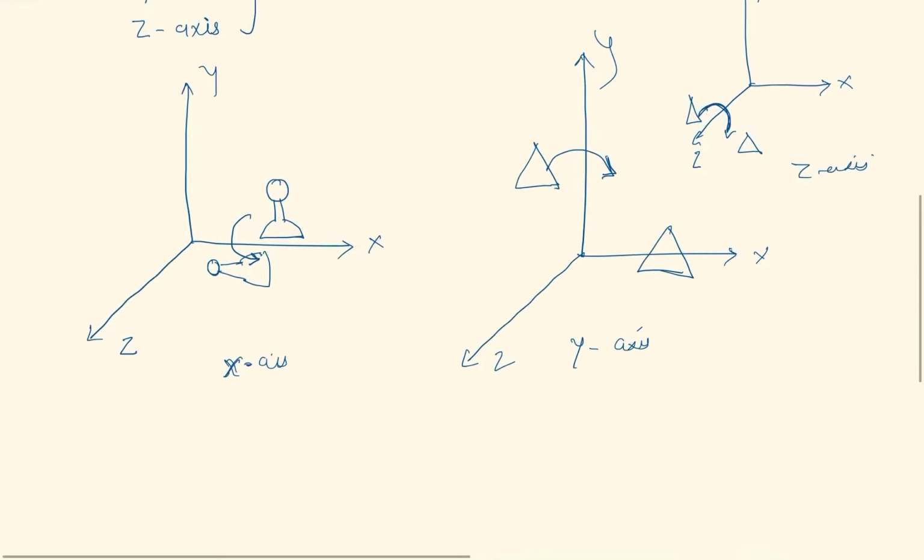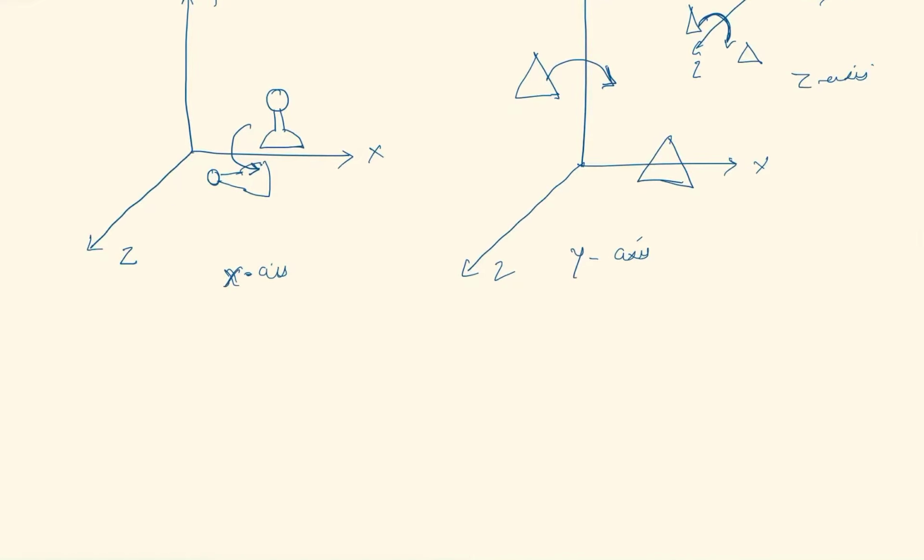So let's see the x axis. For x axis rotation, the transformation equation for the x axis is obtained from the equation of z axis rotation by replacing cyclically as shown here, that is x, y, z, x, right?